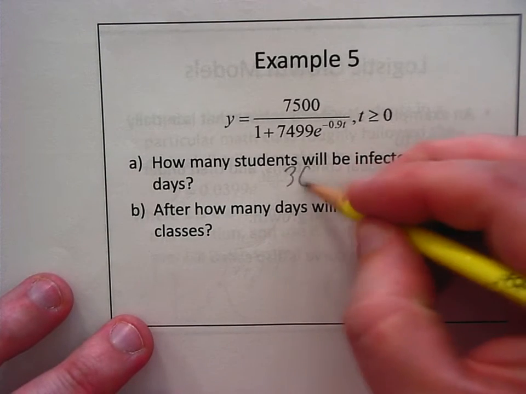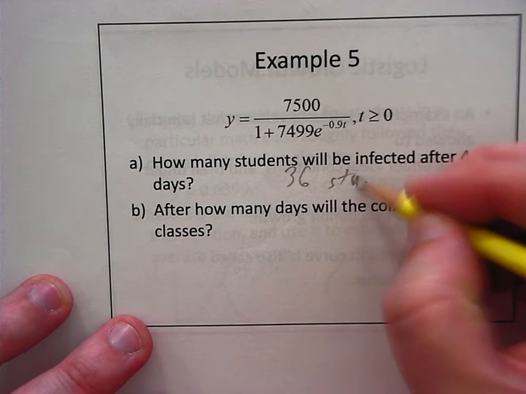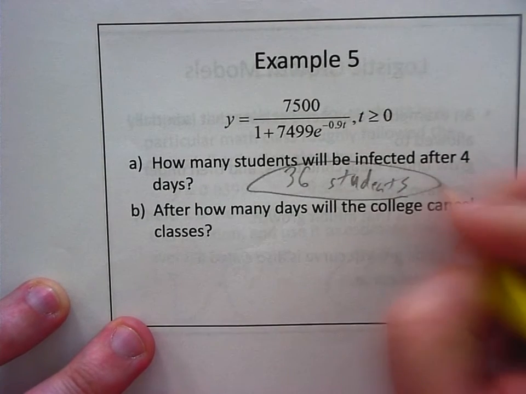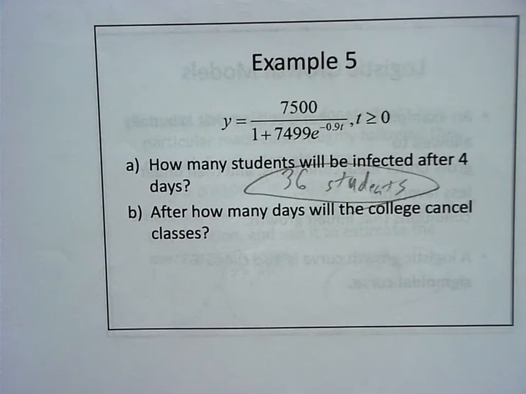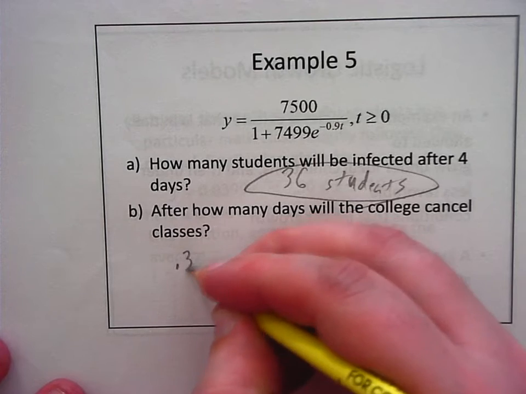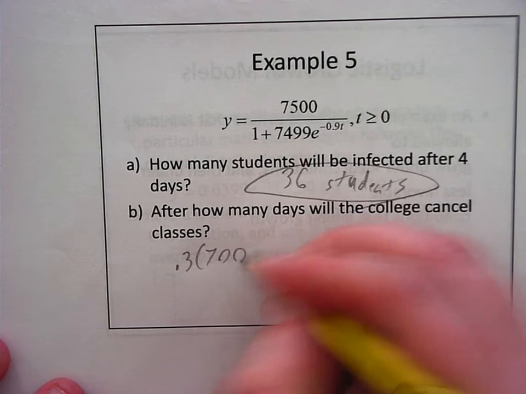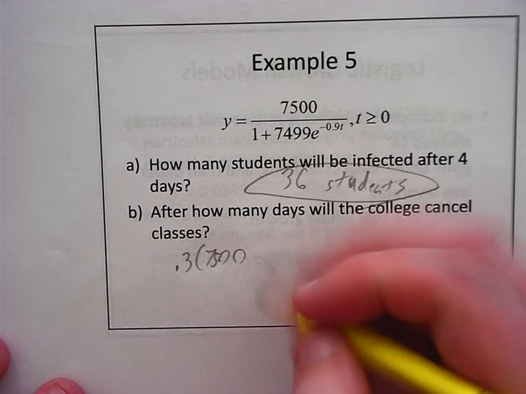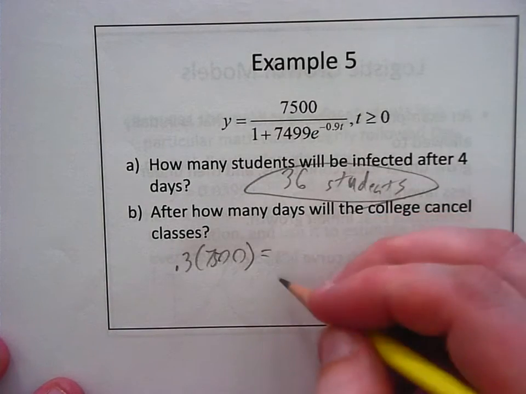Yeah, so about 36 students or so. After how many days will the college cancel classes? What would I have to do for that? Find 30% of 7,500. Yeah, find 30% of 7,500 and do what? Divide it. You plug in for Y.